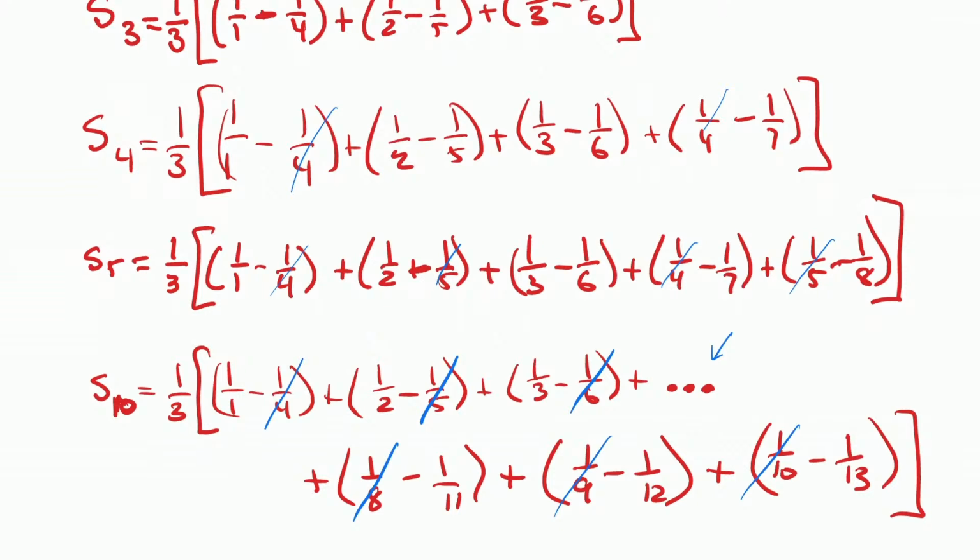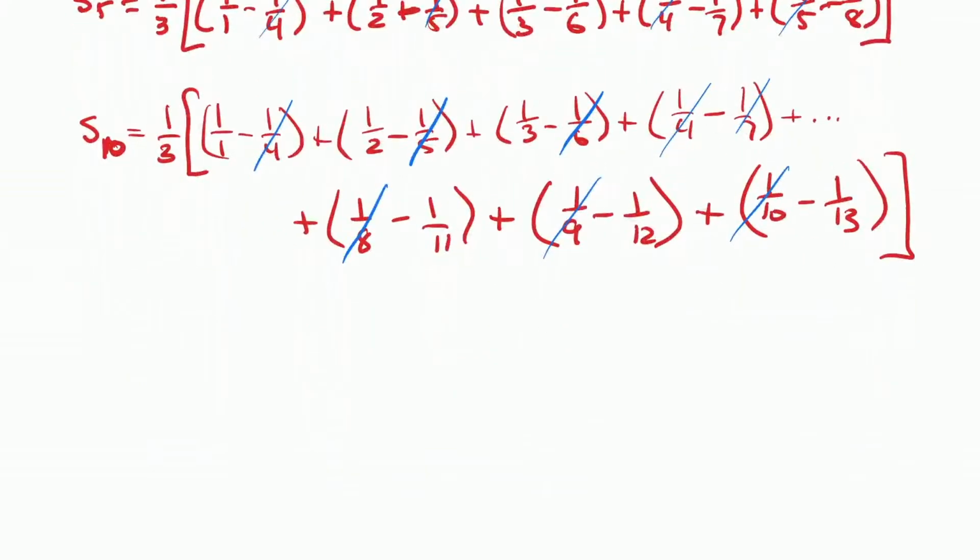I probably should have put at least one more term, so I will right now: 1/4 minus 1/7. Everything in between is in the situation where both terms get canceled. So all that survives is the first three positives and the last three negatives.